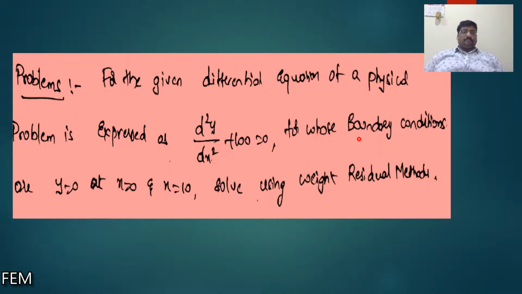The boundary conditions are given as: at x equal to 0, y equal to 0, and at x equal to 10, y equal to 0. He has given that we should solve the problem using weighted residual methods.